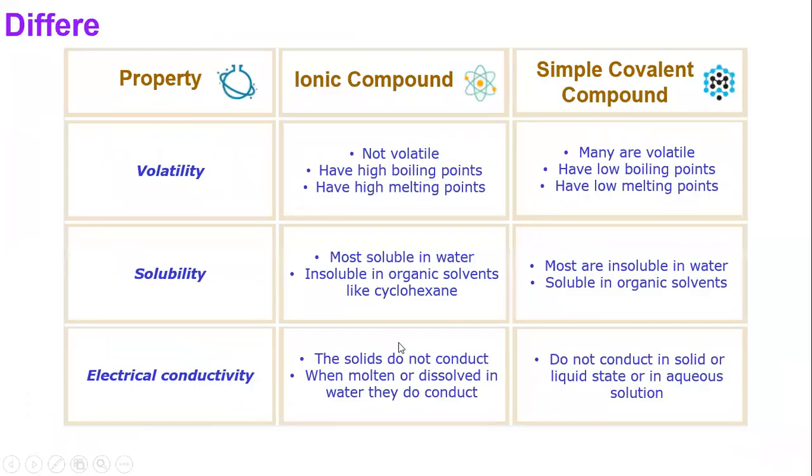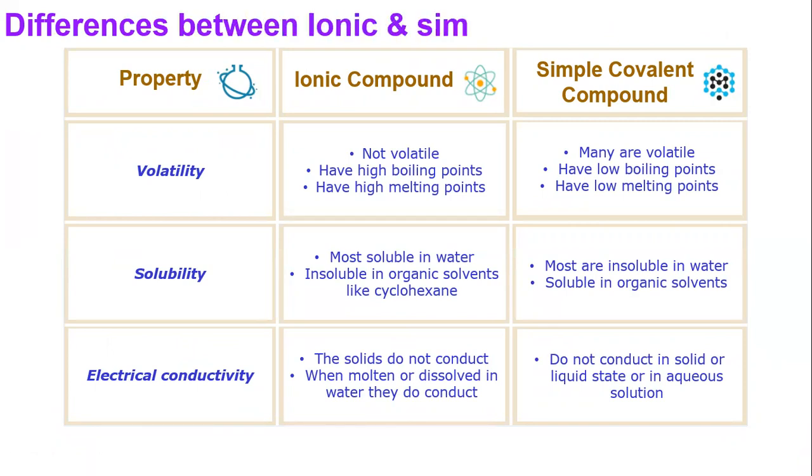This diagram shows the differences between the properties of ionic compounds and simple covalent compounds. So let's look at them one by one, in terms of volatility, solubility, and electrical conductivity. For the ionic compound, it is not volatile and has high boiling and melting points.